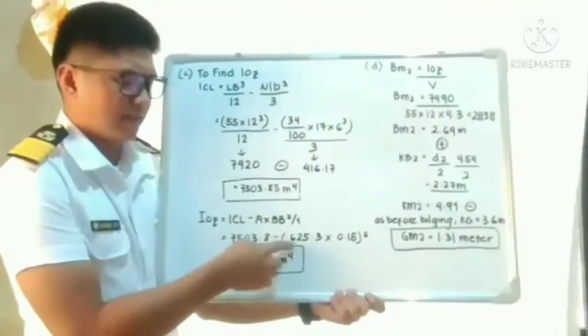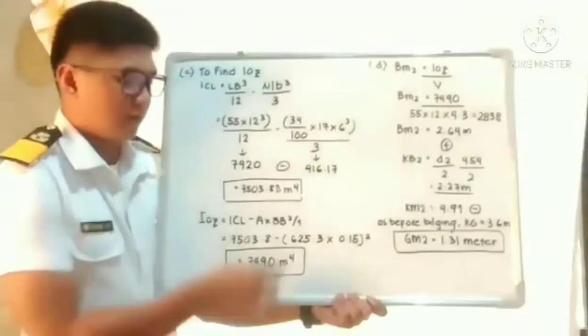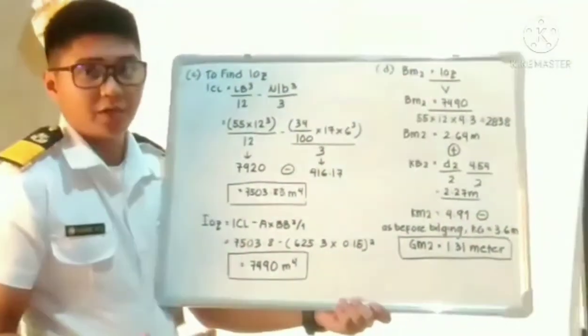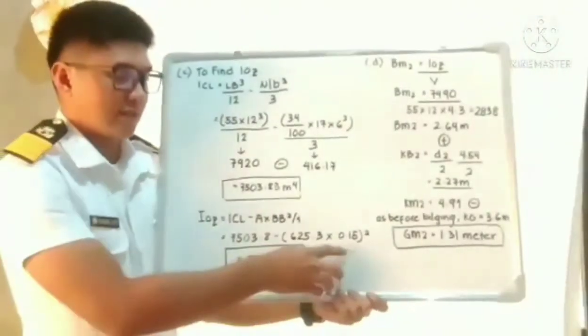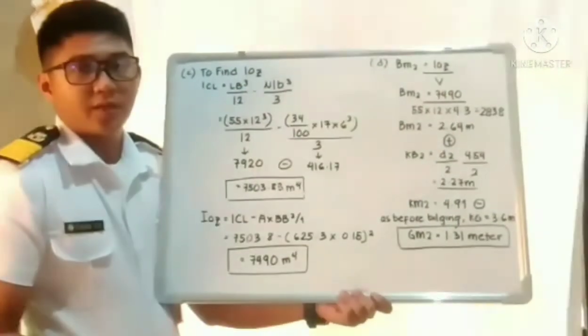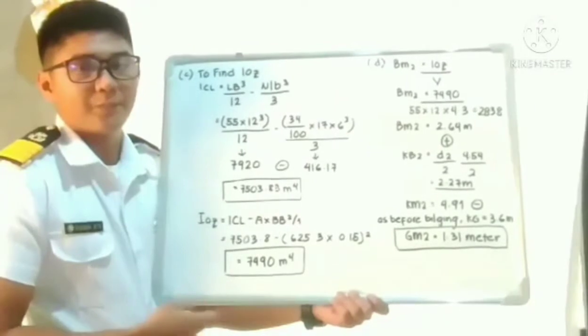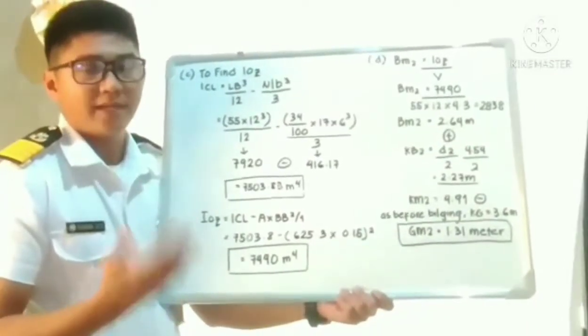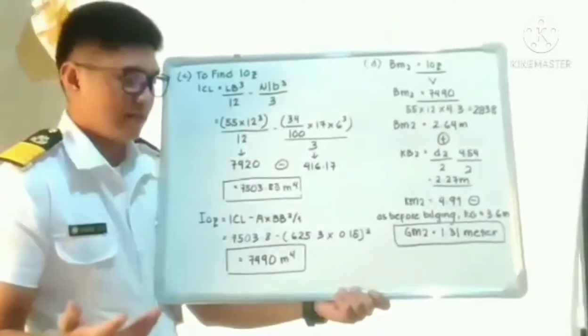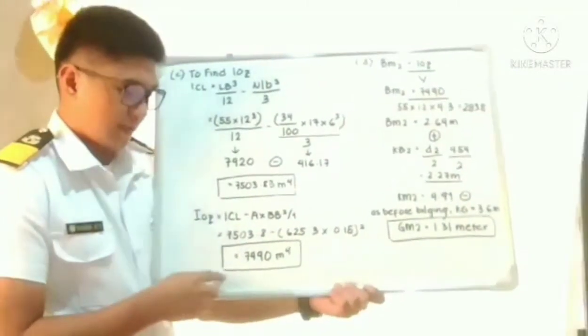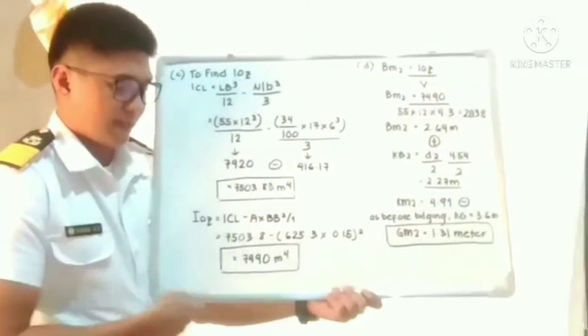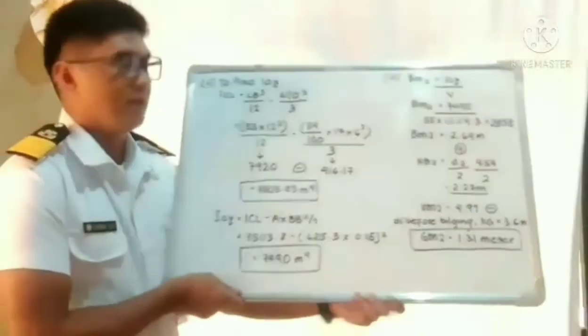So how did we obtain the 625.3? We obtained this from the denominator of BB1, also with the 0.15 squared. Our answer on the LB minus A, okay? So here, you can obtain the 7,490 meter to the fourth, okay?